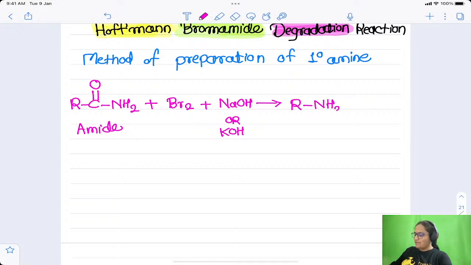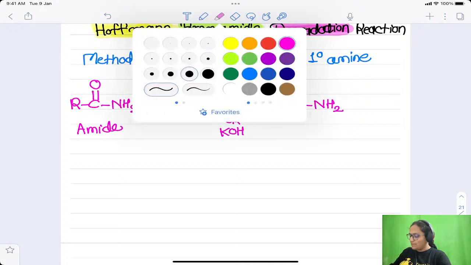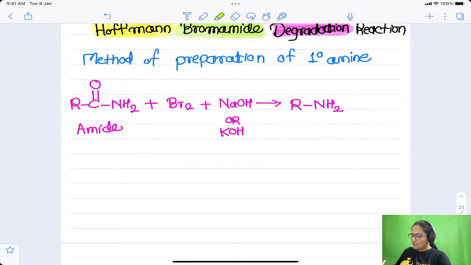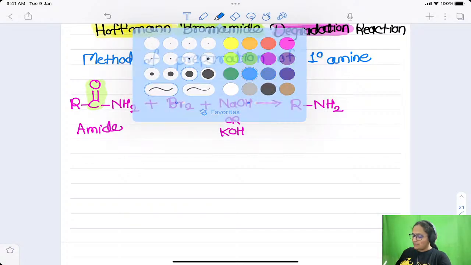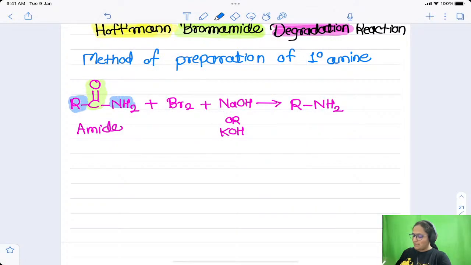It is very simple, guys. You simply delete this part from the molecule. The CO is deleted and we get the product like this. In the product, there is R and NH2. So from RCONH2 we delete the CO and get the product.